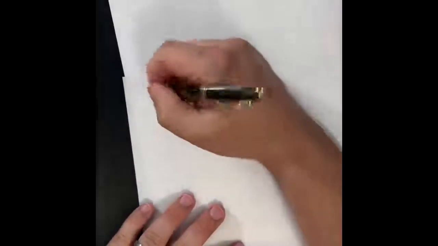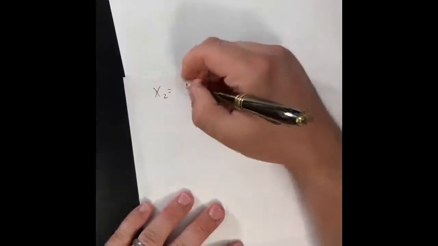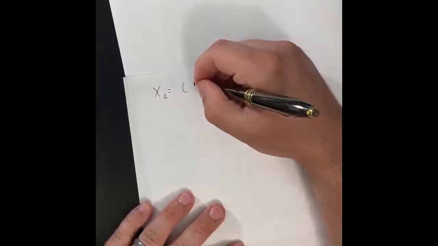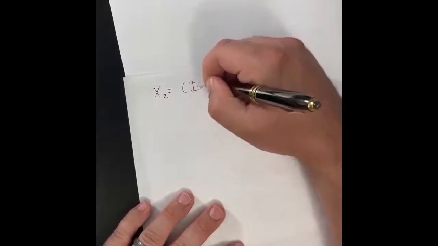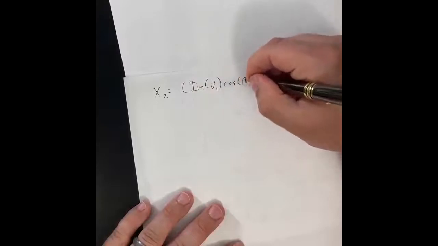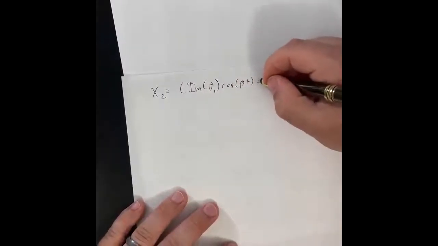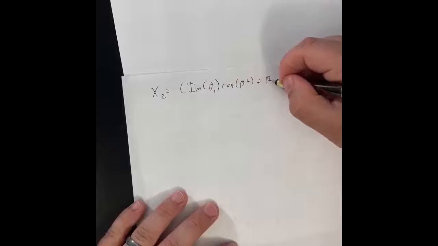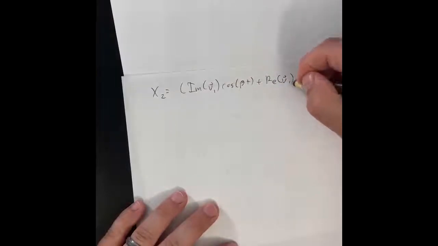And then the second solution, x2, is the imaginary part of V1 times cosine beta t plus the real part of V1 times sine beta t, all times e to the alpha t. So those are our two solutions.